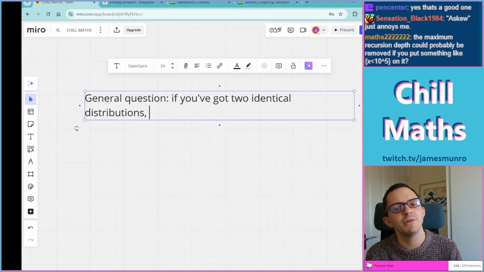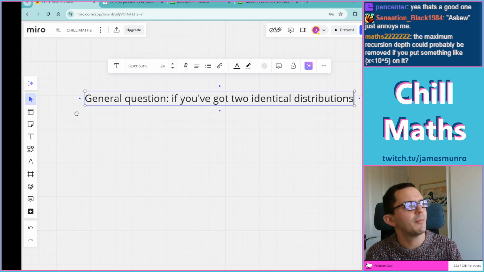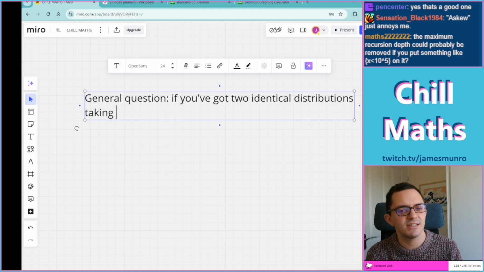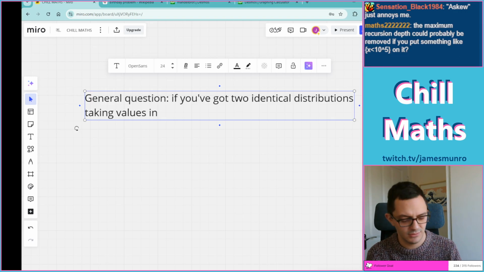Two identical distributions. I guess they're taking values in the positive naturals. Maybe I want 0. Yeah, no, I want n.